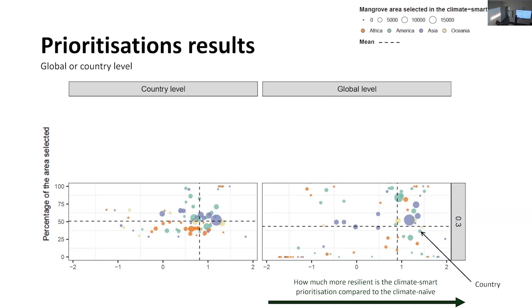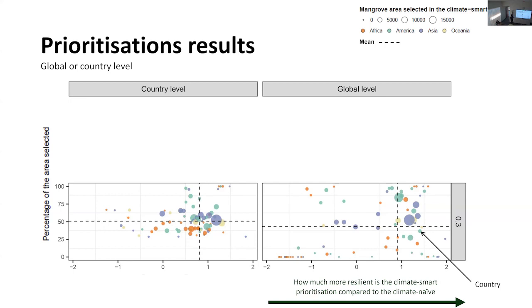So those dots that are more on the right side, closer to 2 or 1, are those where we select more climate smart mangroves in the climate smart solution compared to the climate naive. And on the left side is the opposite. And then the dashed line is the mean value for the whole mangrove area.